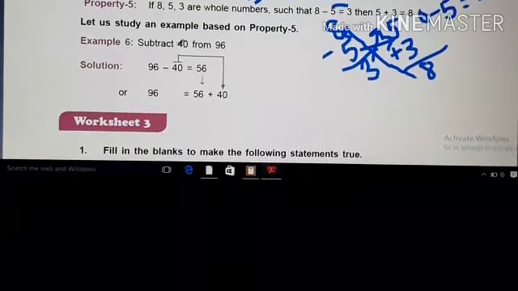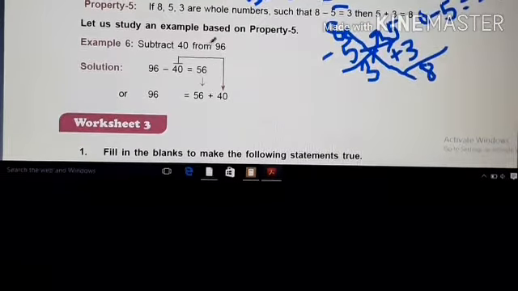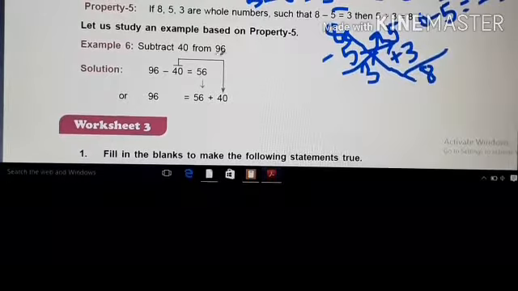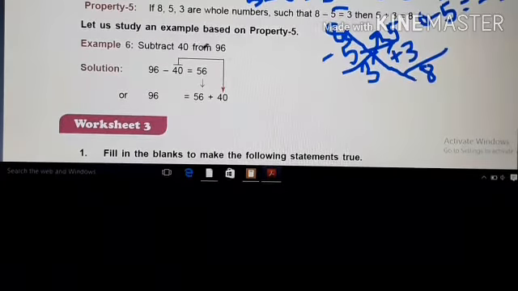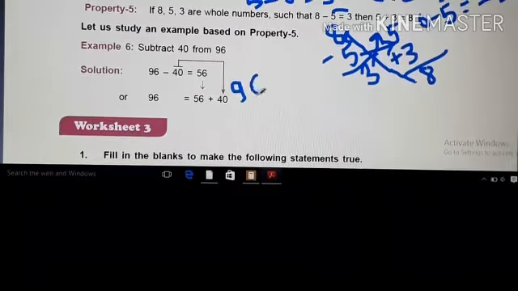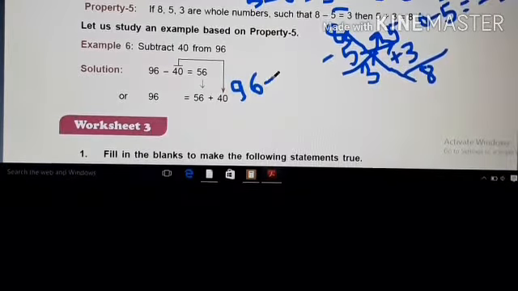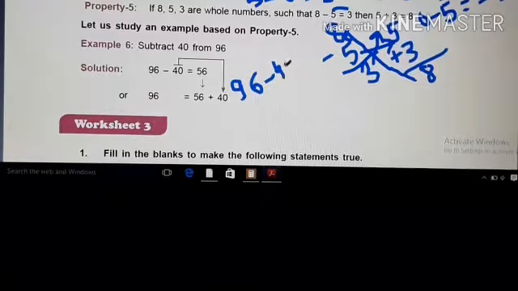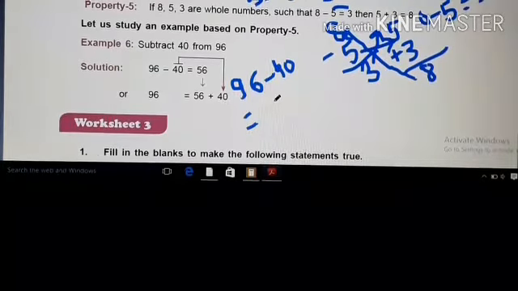Now subtract 40 from 96. That is 96 minus 40, which is equal to 56.